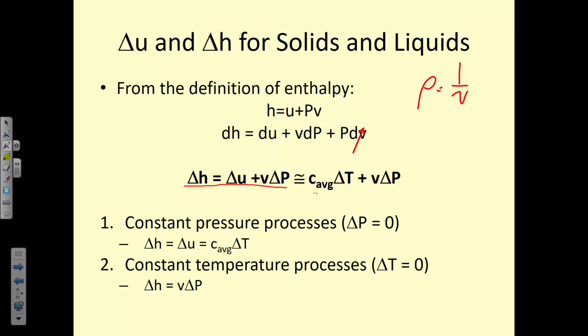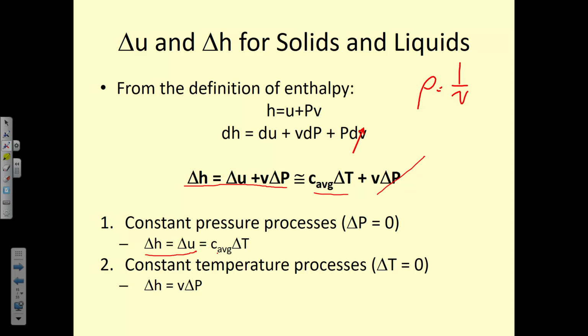And so we can say C average, some average specific heat value, times delta T, plus V delta P. If we also happen to have a constant pressure process, in addition to having an incompressible substance, then this part of the equation also goes away. So we're just left with delta H is equal to delta U. Okay, so that's when the pressure's not changing.